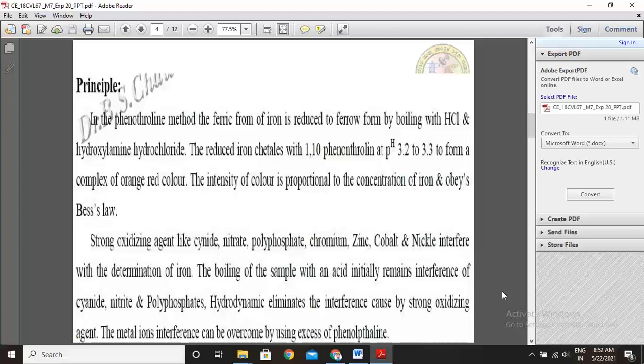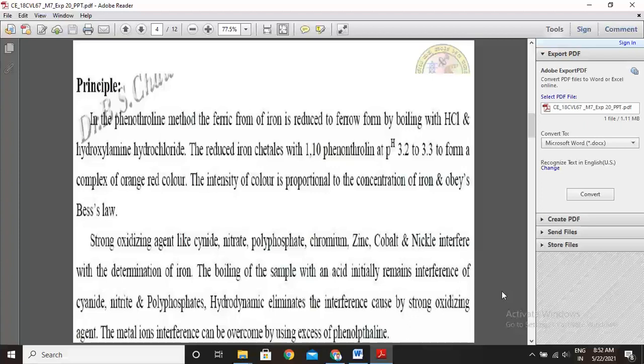The intensity of color is proportional to the concentration of iron and obeys Beer's law. Strong oxidizing agents like cyanide, nitrite, polyphosphate, chromium, zinc, cobalt and nickel interfere with the determination of iron.